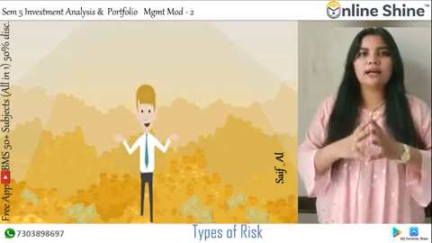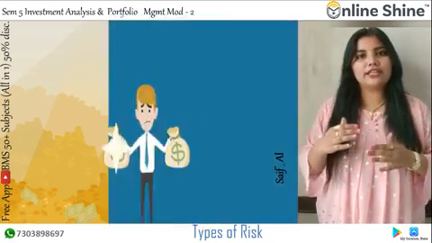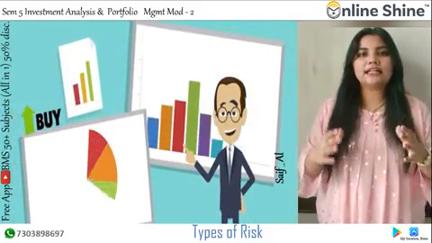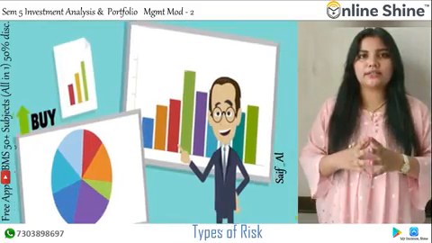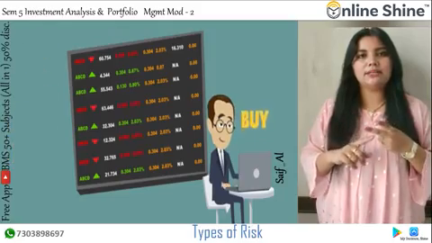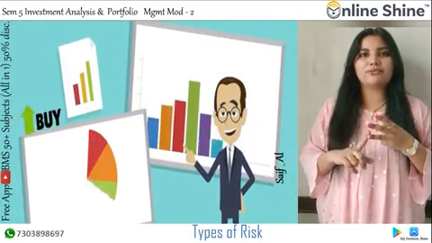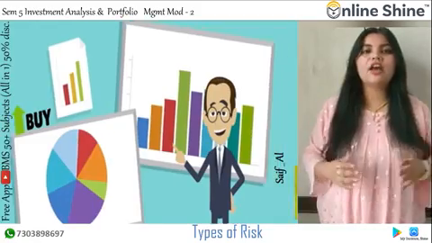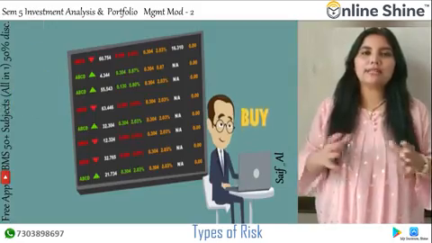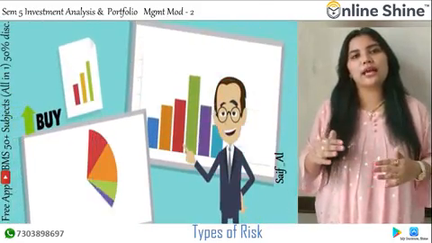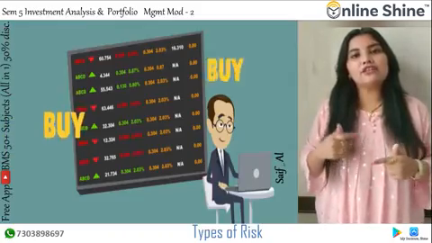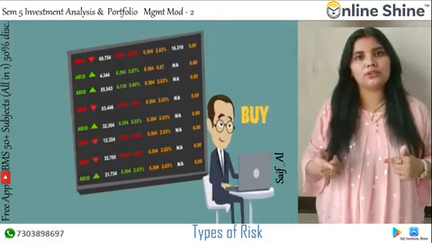The return from a security sometimes varies because of certain factors affecting only the company issuing such security. Examples are raw material scarcity, labor strike, management efficiency, etc. When variability of returns occurs because of such firm-specific factors, it is also known as unsystematic risk, or diversifiable risk, that can be controlled.